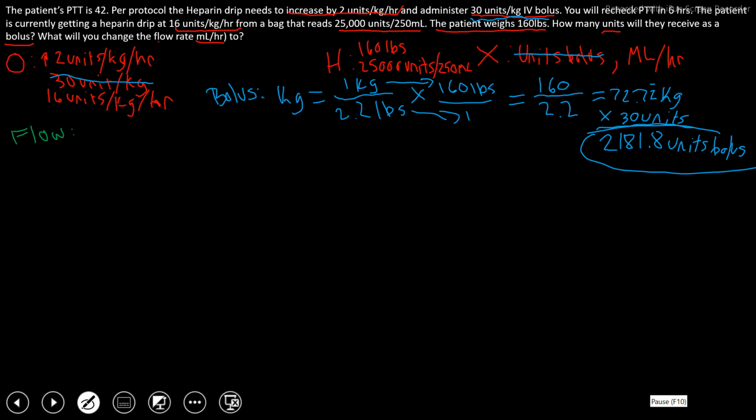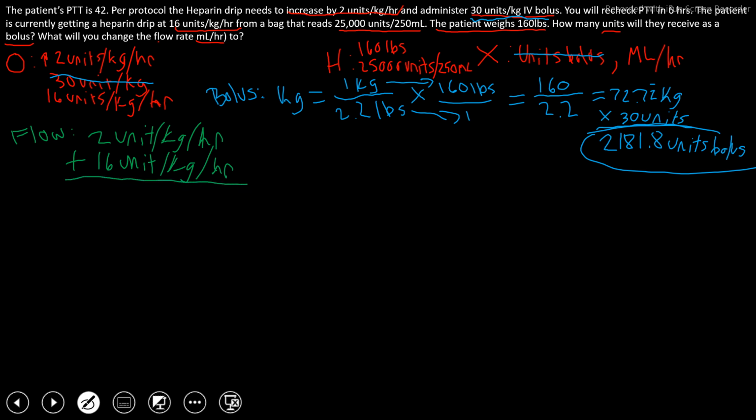So over here, 2 units/kg per hour plus 16 units/kg per hour, and that equals 18 units/kg per hour.